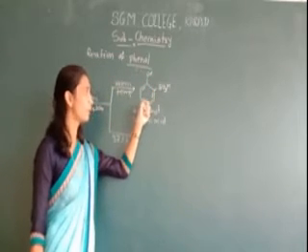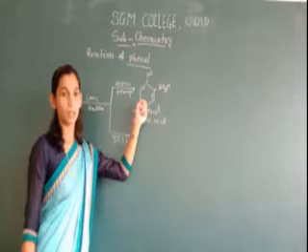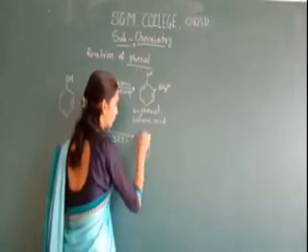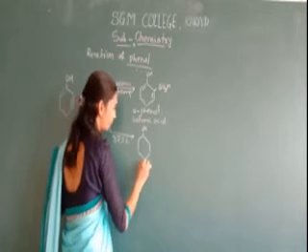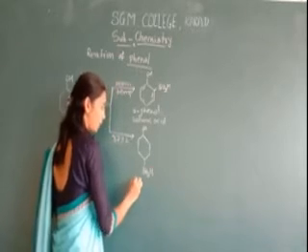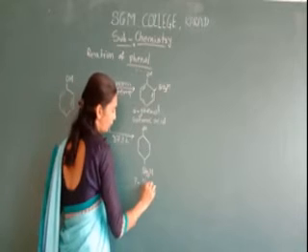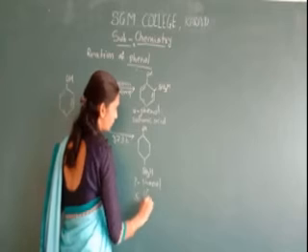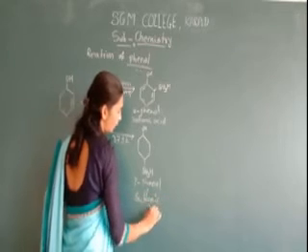It goes towards the para position: OH, SO3H, p-phenol sulfonic acid.